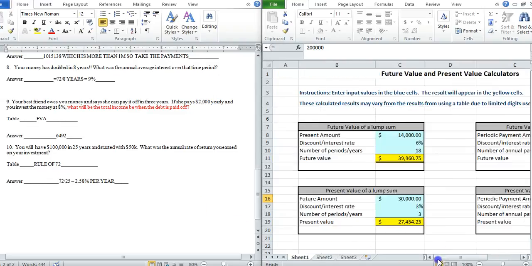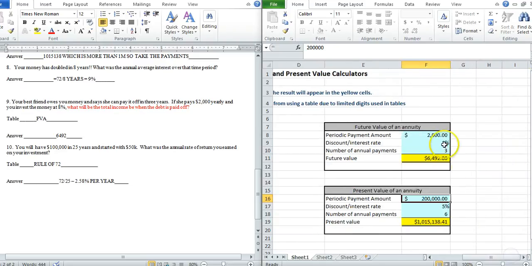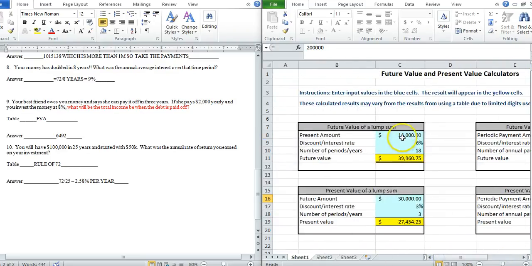Alternately, you could have used a table. You could have said, okay, I started again over here with, I'm sorry, this would be a lump sum. I started over here with 50,000 and it was 25 years, and I have to get to 100,000 here. So what was the interest rate that I had over that time?